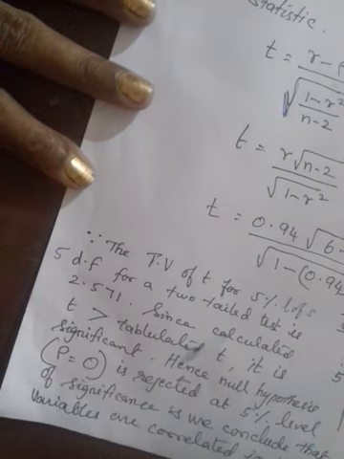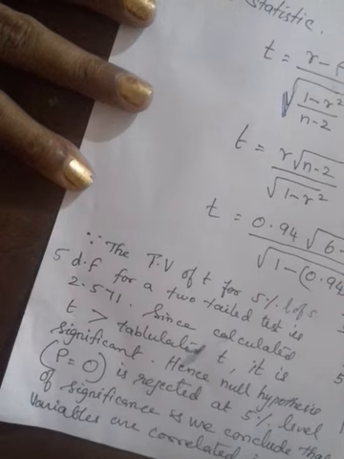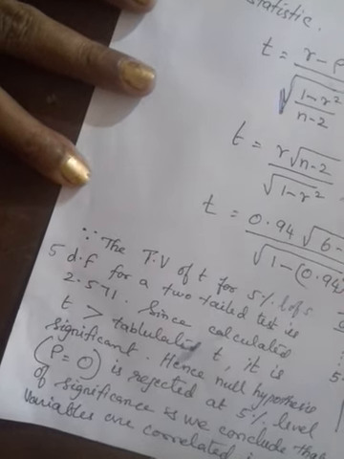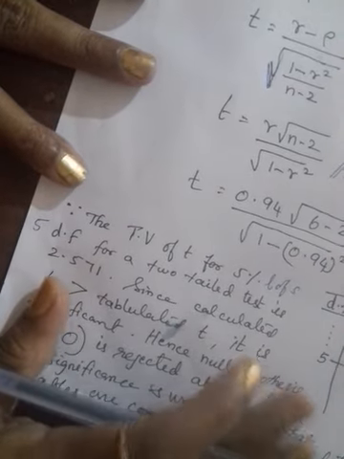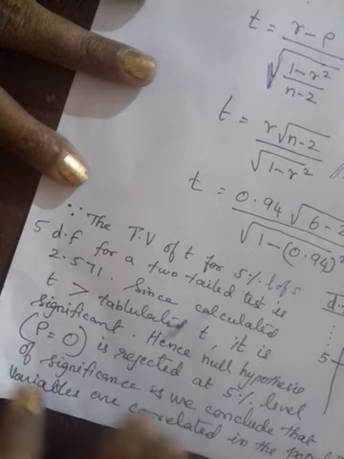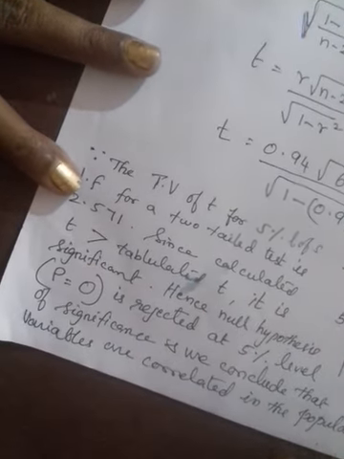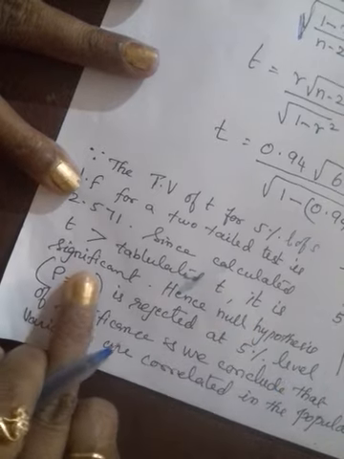Here you have to accept your alternative hypothesis. There is no evidence or proof to accept the null hypothesis, that's why we reject the null hypothesis and accept the alternative hypothesis. Our alternative hypothesis is: significant.